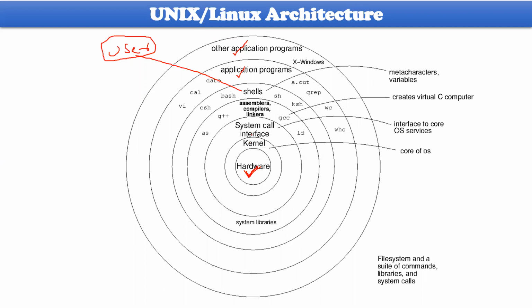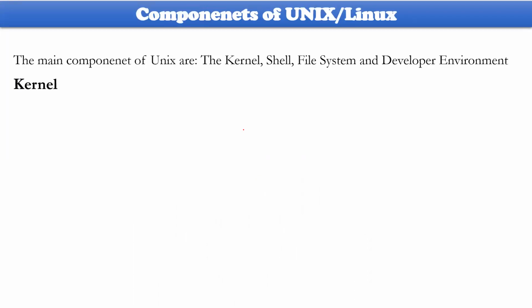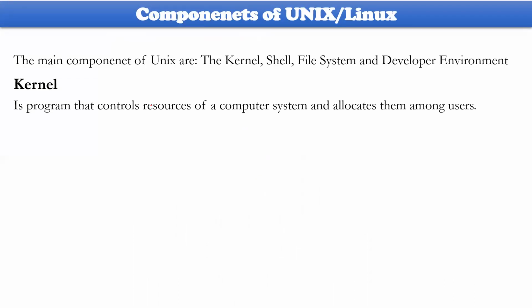The main components of Unix are the kernel, the shell, the file system, and the developer environment. These are the four different types of components available.